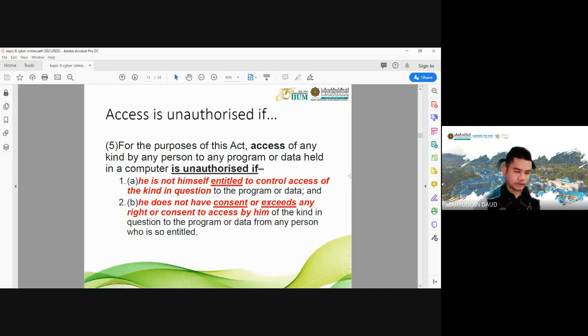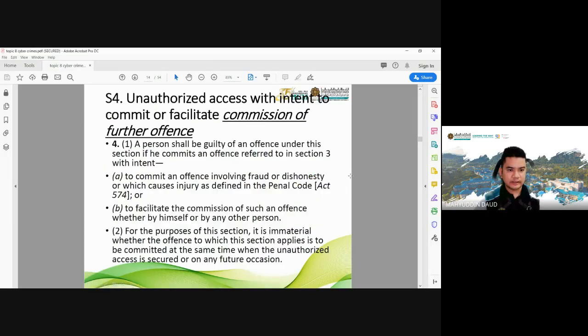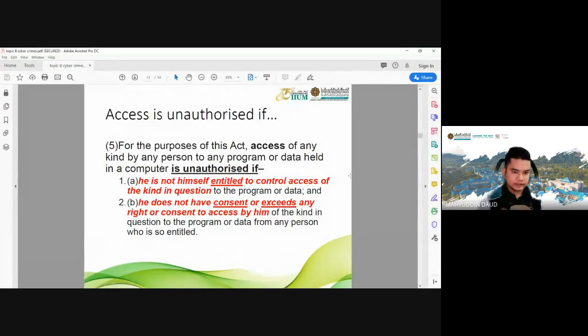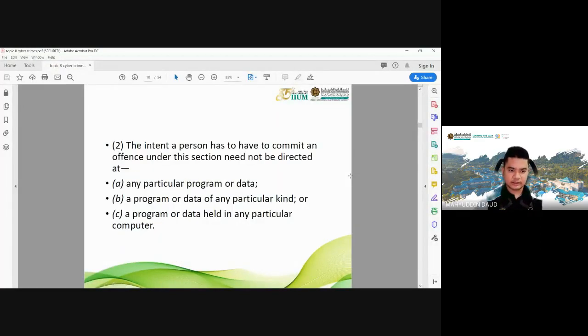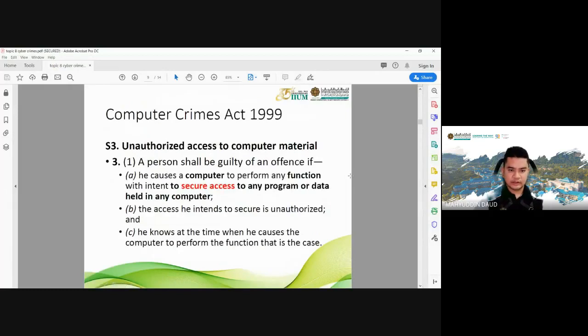So for example, in the examination later, I am expecting that all this is scrutinized one by one, so that you will be able to tell. If you are trying to discuss section 3, you have to scrutinize each element under section 3, macam ni, what does it mean when he secures access.